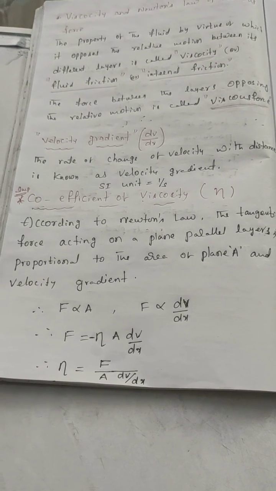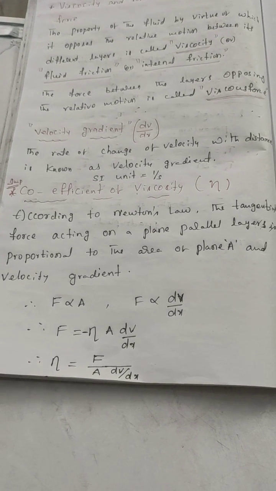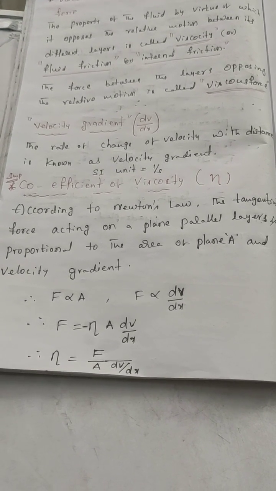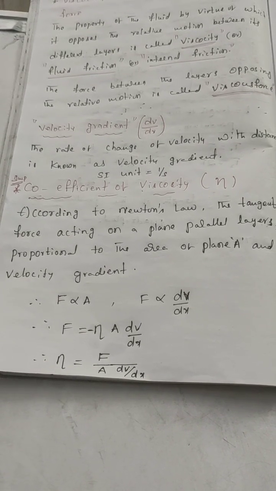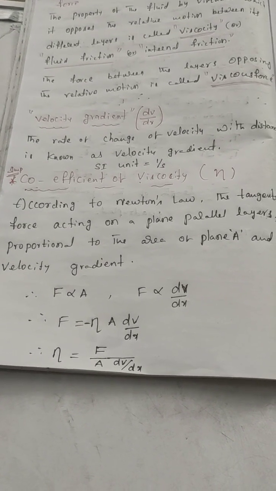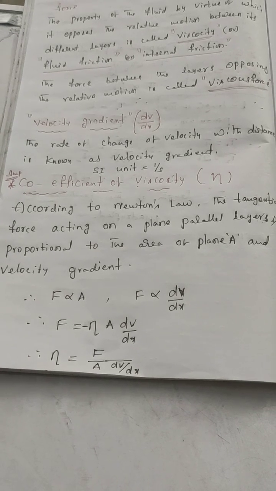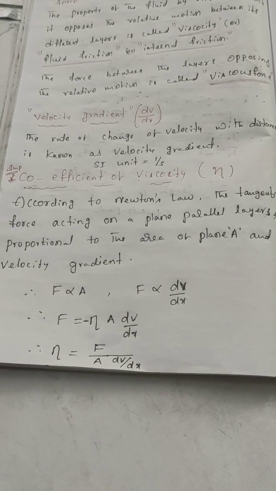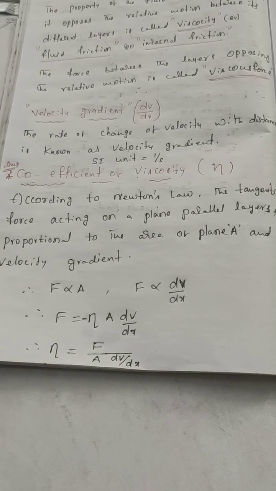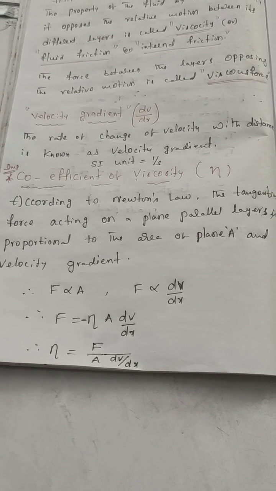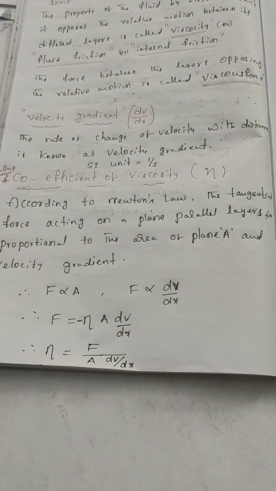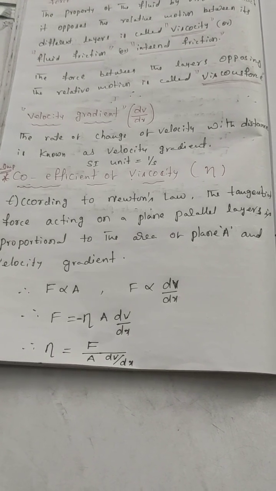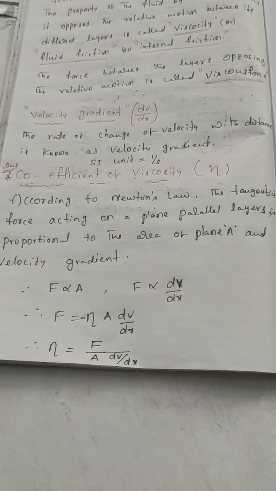That means F is directly proportional to A, and F is directly proportional to the velocity gradient, dV by dx. After removing the proportional symbol, F is equal to minus eta A dV by dx. Minus means this is an opposing force, that's why we take it negative.